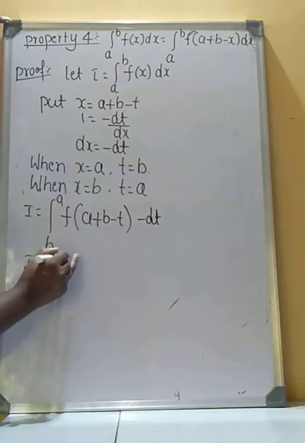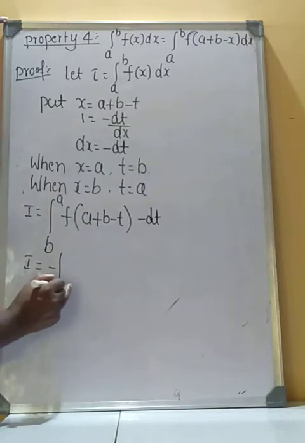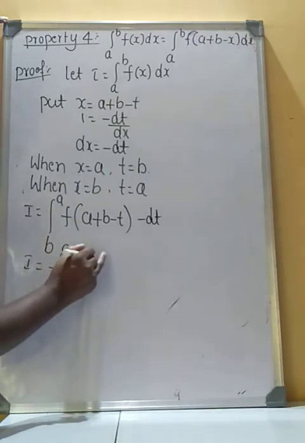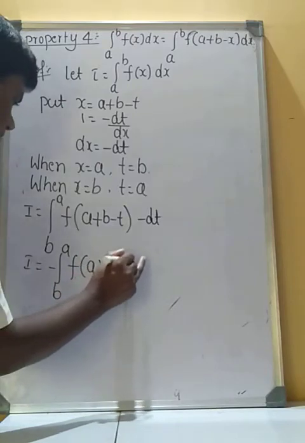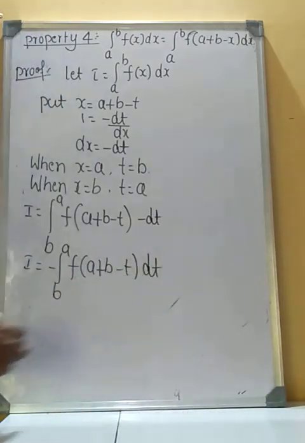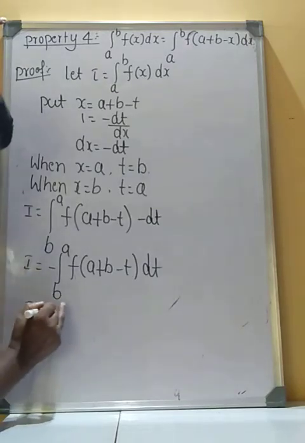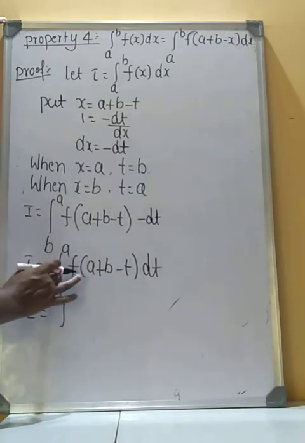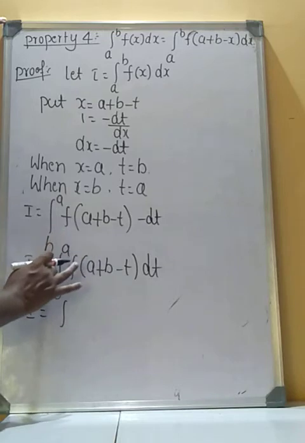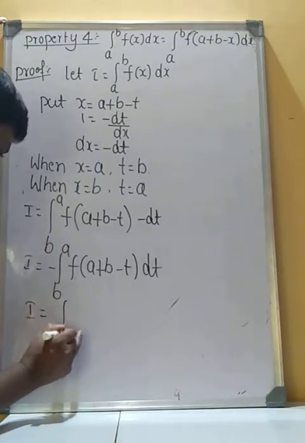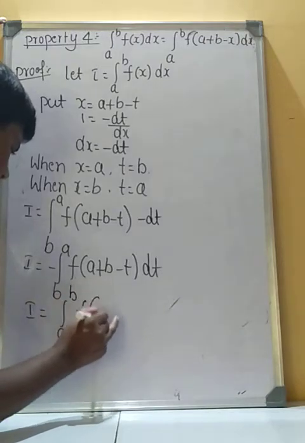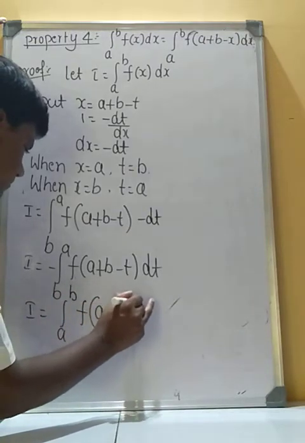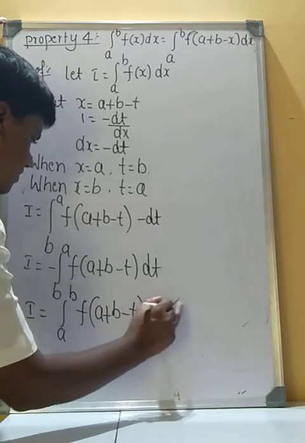Therefore I is equal to, taking the minus outside, integral b to a f of a plus b minus t dt. Now by using property 2, interchange the limits: the minus sign and the interchange give plus, so it is integral a to b f of a plus b minus t dt.